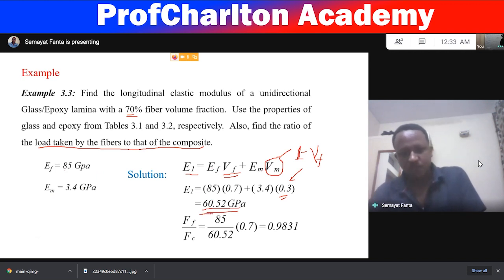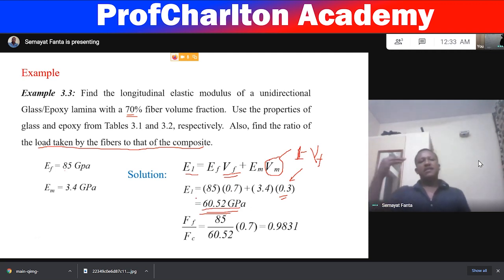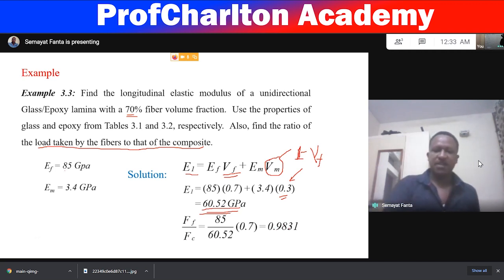It is a combination of the two properties, so it is different from the parent material. The value here is completely different: it is neither 8.5 nor 3.4, it is 60.52. That is a combined property. That means what we are doing is homogenizing the material. Anyways, the ratio is 0.9831.